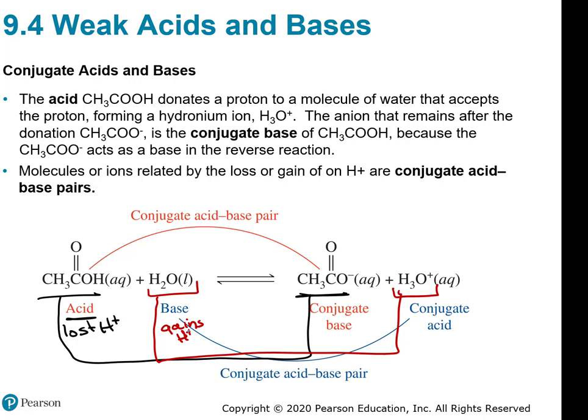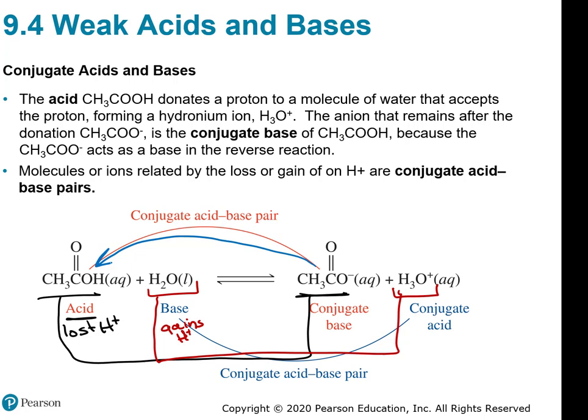But see the double arrow. So this actually reaches equilibrium. So there's 4 things in your container because there's reactant and product. It reaches the point of equilibrium where the forward and reverse reactions occur. So if the reverse reaction occurs, do you see that in the reverse reaction, CH3COO becomes CH3COOH?